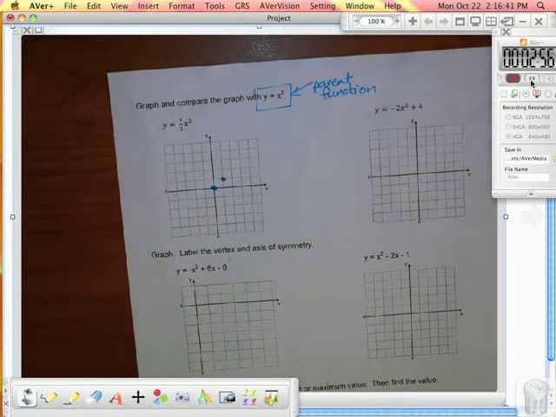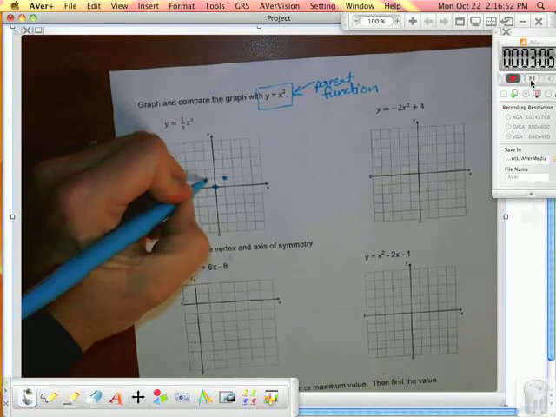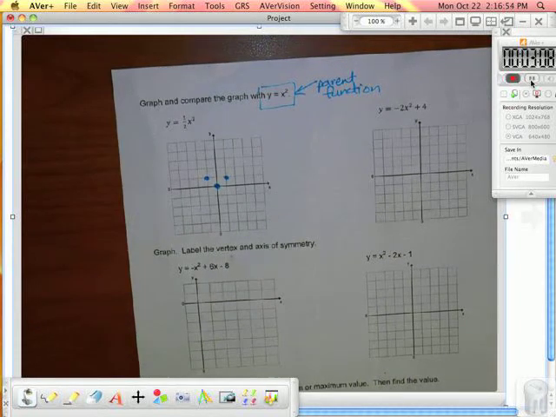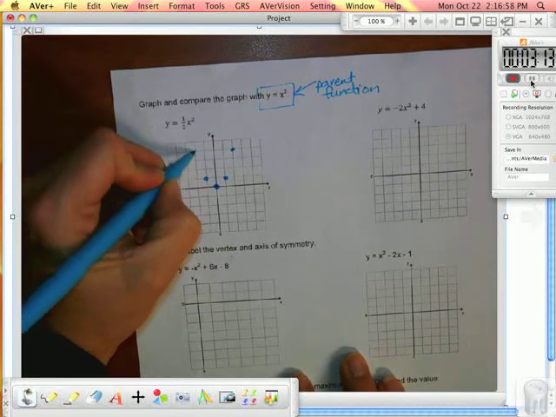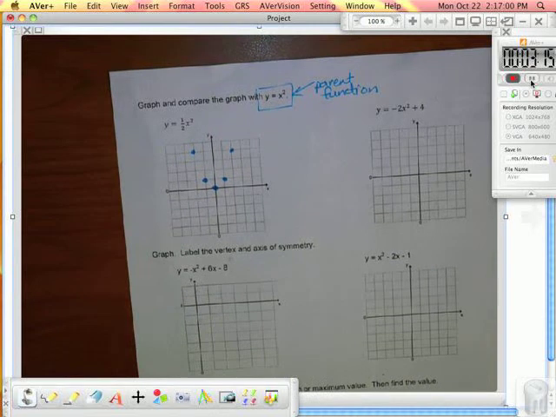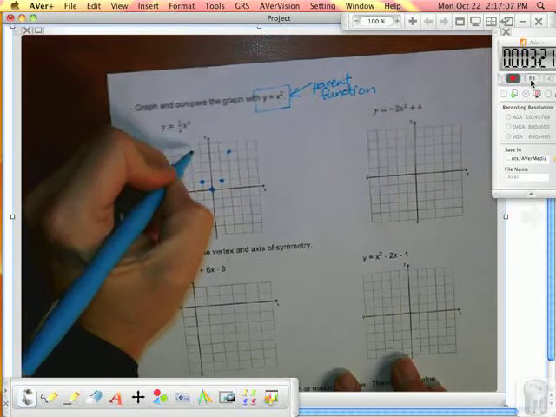If I stick negative 1 in for x, what am I going to get? 1. Negative 1 times negative 1 is positive 1. So this is going to be another obvious point. If you stick in 2, you're going to get 4, correct? Negative 2, you're going to get 4. You can quickly sketch the parent function by just remembering those points. It's pretty easy. So there's the parent function.